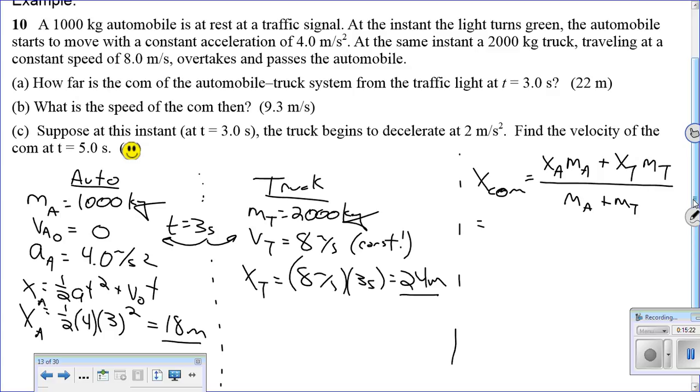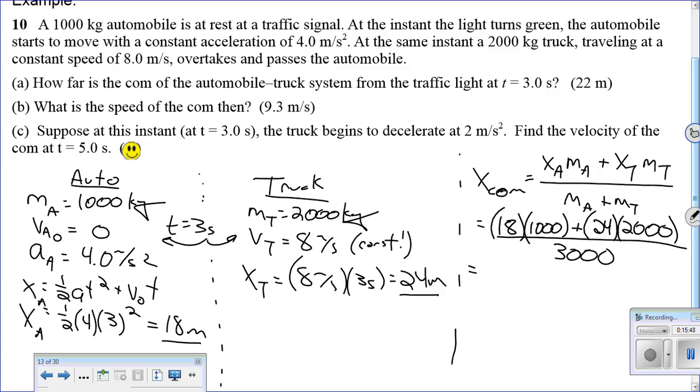It's got to be between 18 and 24, right? Closer to 24 or closer to 18? Closer to 24 because the truck has more mass, right? So we're going to get 18 times 1,000 plus 24 times 2,000, all divided by 3,000. Figure it out, and you end up getting 22 meters.